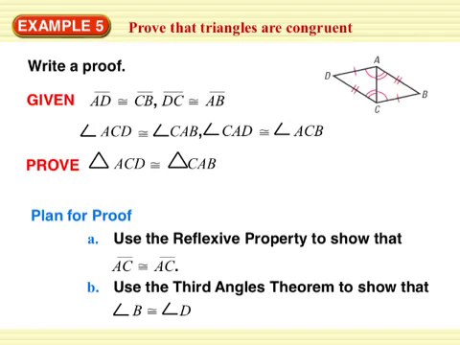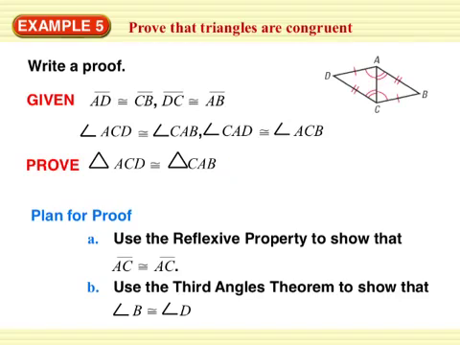Okay, let's try to write a proof. Given: AD is congruent to CB, DC is congruent to AB, angle ACD is congruent to CAB, and CAD is congruent to ACB. These are all marked here.